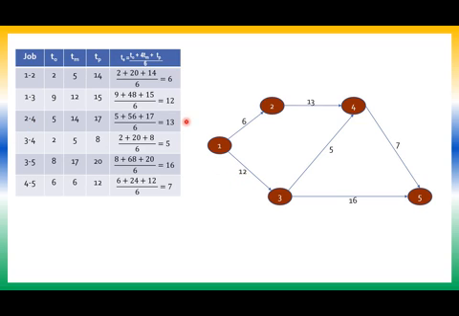Then I have 2 to 4 with 13. Then 3 to 4 with 5. Then 3 to 5 with 16. Then 4 to 5 with 7. So my network diagram is ready.